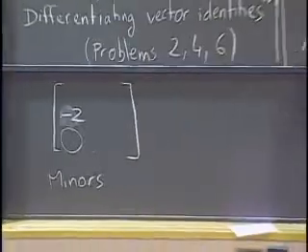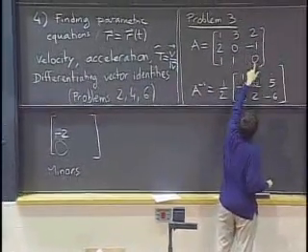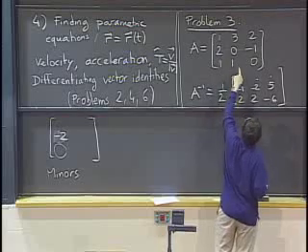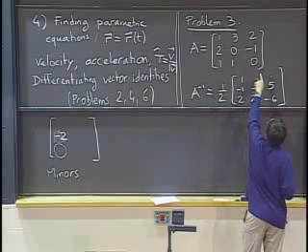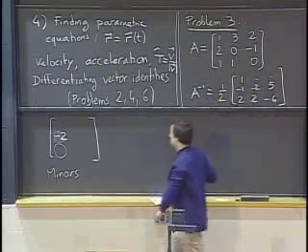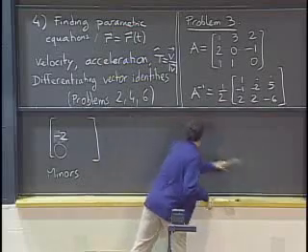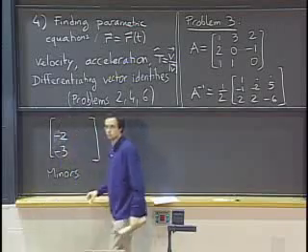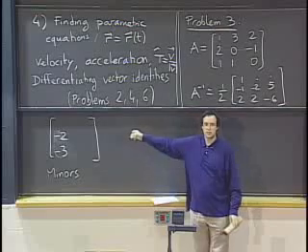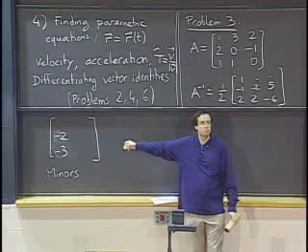Then for the lower left corner, we delete the last row and the first column. We are left with 3, 2, 0, minus 1. 3 times minus 1 is negative 3, minus 0. We're still left with negative 3. Okay? Is that step clear for everyone?